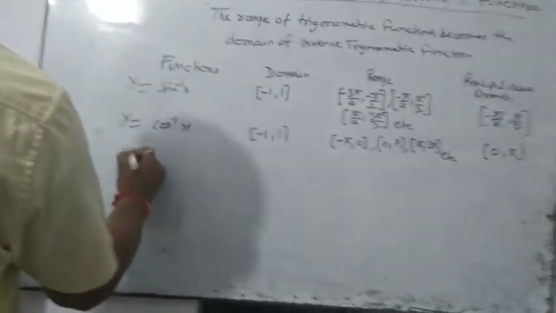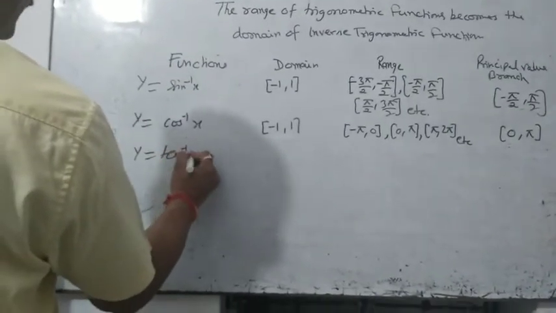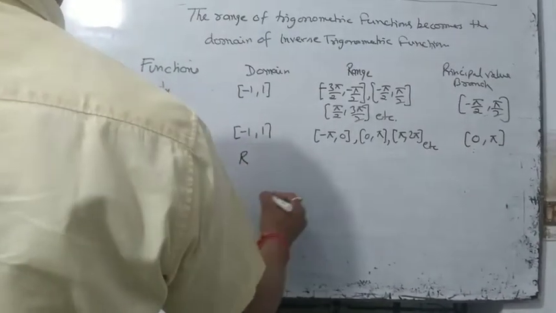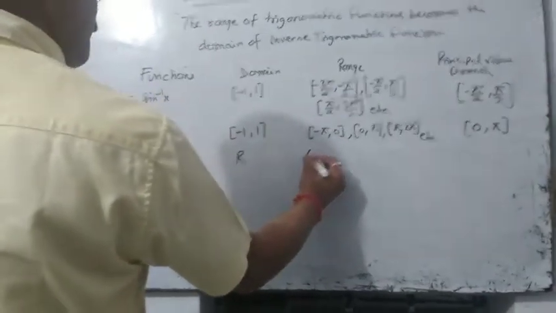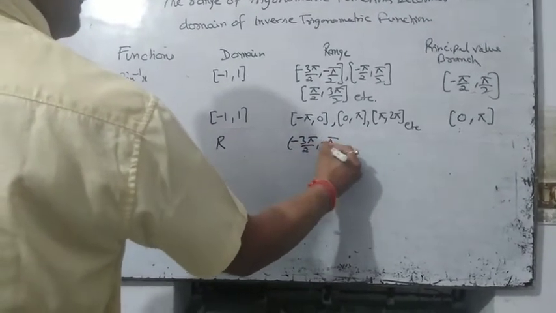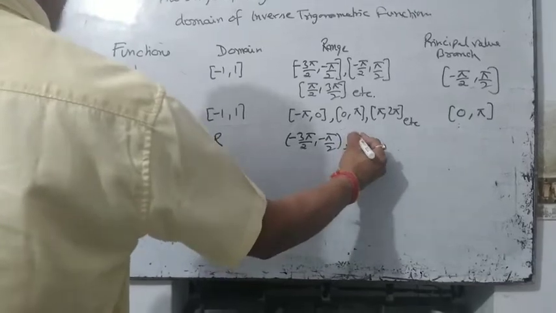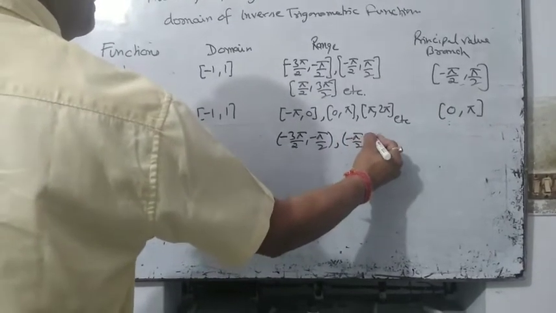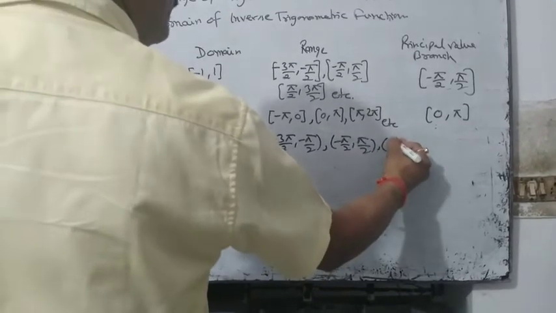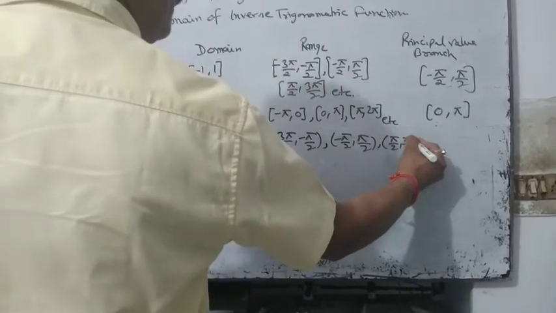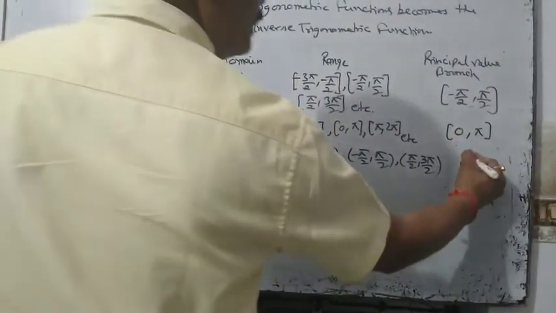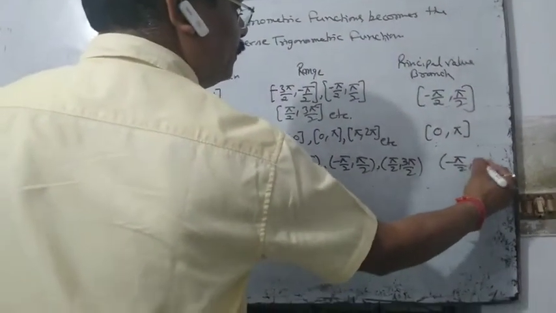Similarly, y = tan⁻¹ x. Domain is real. Range is (-3π/2, -π/2), (-π/2, π/2) and (π/2, 3π/2). But the principal branch of this is -π/2 to π/2.